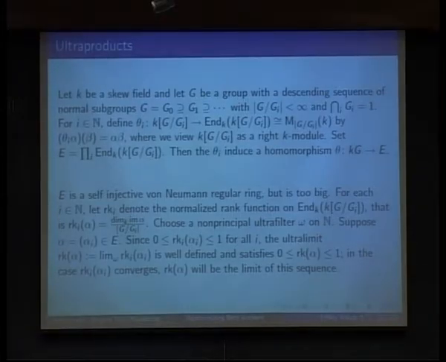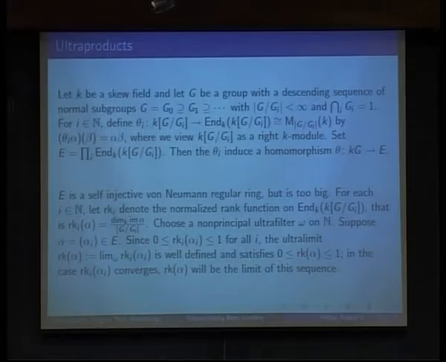So suppose you're given an element of E, and let alpha_i be its coordinates. Then since the ranks of alpha_i are between 0 and 1, the ultralimit will exist and is well defined, and it will be a number between 0 and 1.